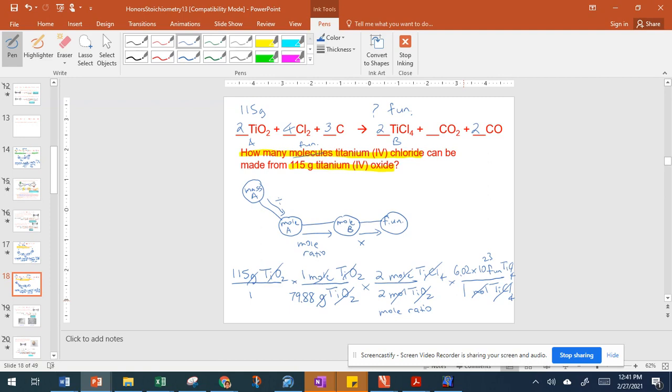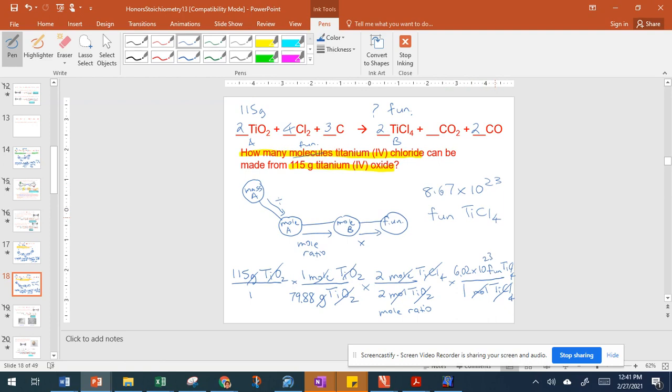And that gives us, for our molecules, our final answer is 8.67 times 10 to the 23rd, to 3 significant figures, and this will be formula units of titanium 4 chloride.